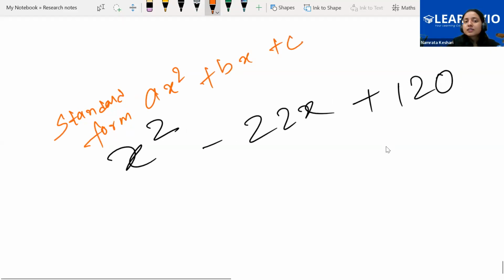This is how our quadratic polynomial must look. So if we compare it with the standard form, can you tell me, Furkan, what is a, what is b, and what is c?